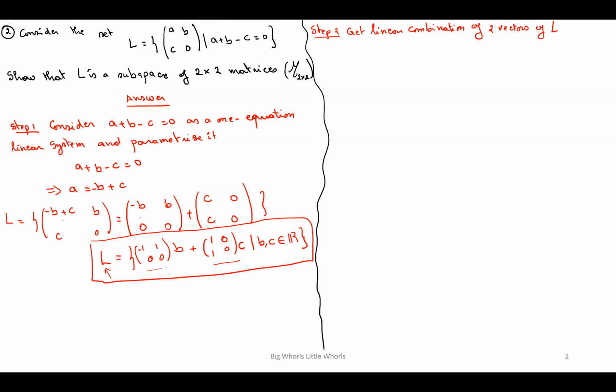I hope I have explained it in our previous lectures and tutorials. So let's pick two vectors, v1.